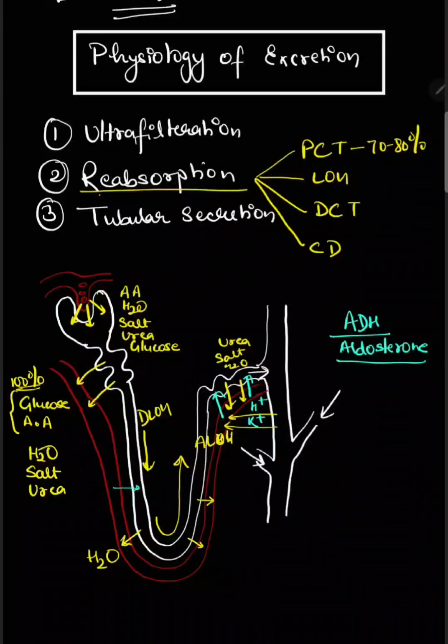All this will be put back into the filtrate because now it needs to be eliminated. This is the last stage, and whatever comes out finally will be called urine.